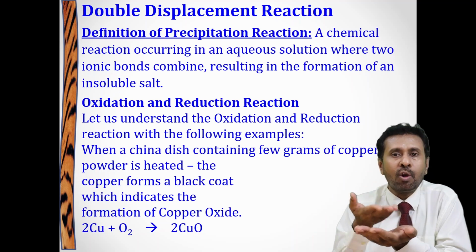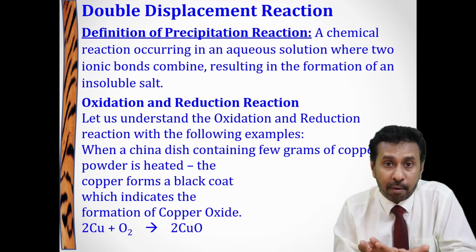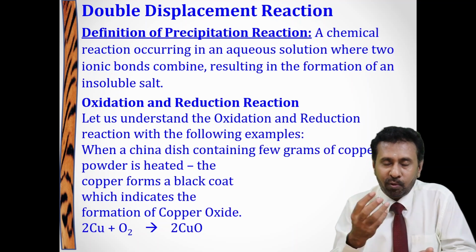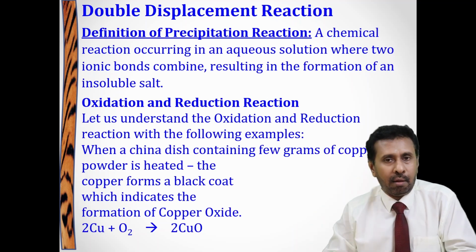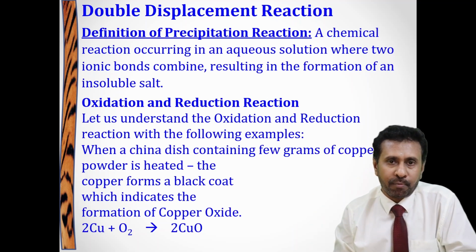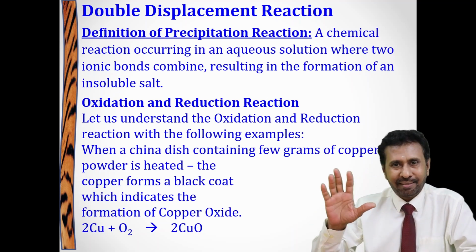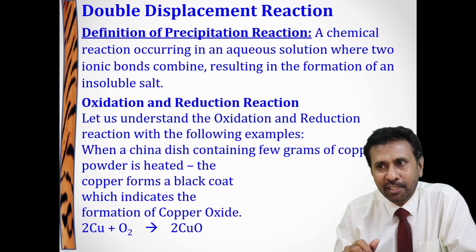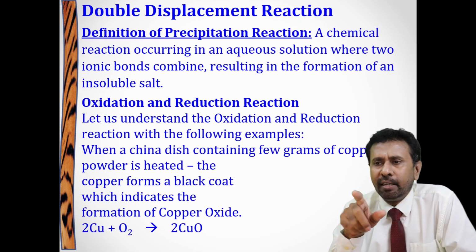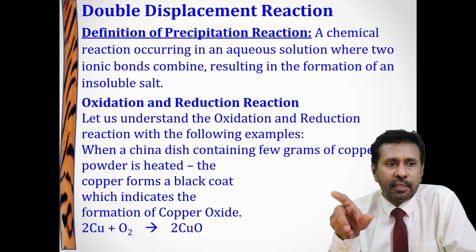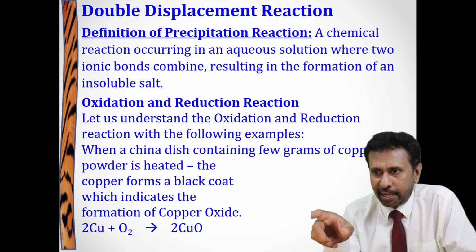What you get back is copper. So that brown lustrous metal you'll get back by passing hydrogen over copper oxide. Let's understand what oxidation and reduction are all about. See here, copper reacts with oxygen to give copper oxide.